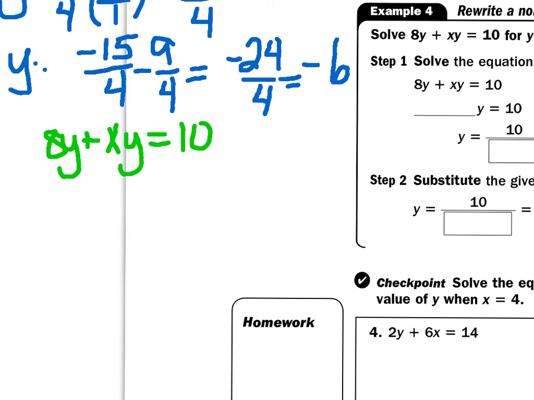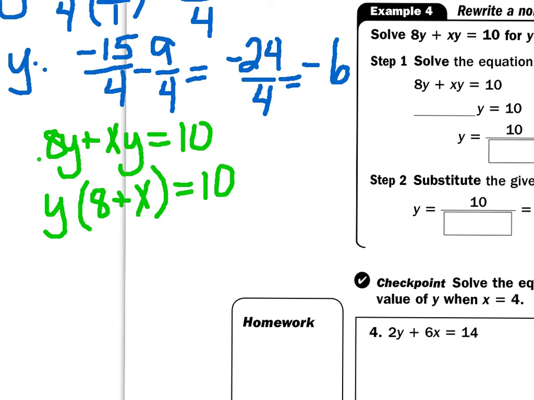So before we do that, let's go ahead and factor out the y. So I'm going to pull a y out of each term. And that leaves me with just the 8 here, and then plus x. I can check to see if I did that right by using the distributive property and multiplying back, and I'll get exactly what I had.